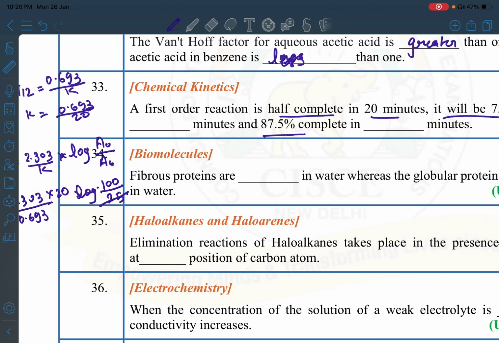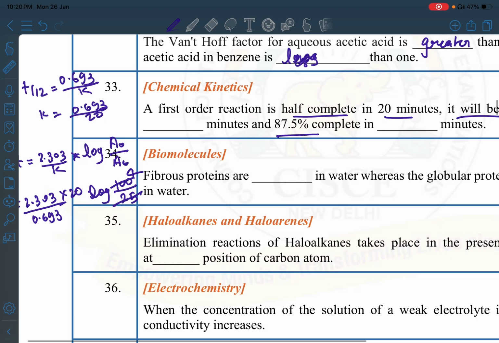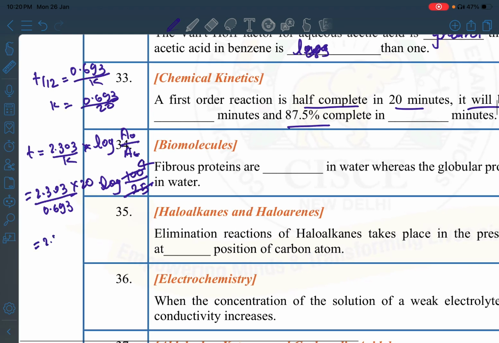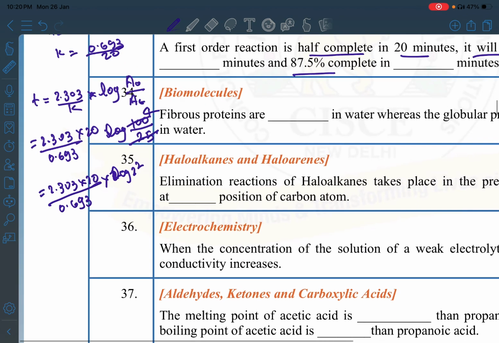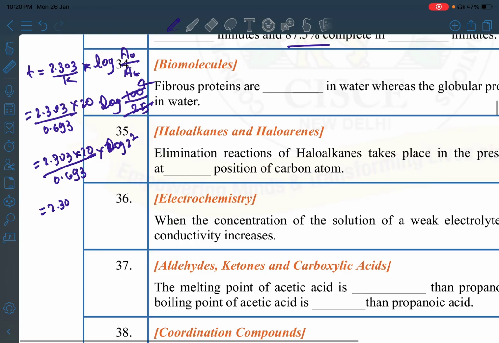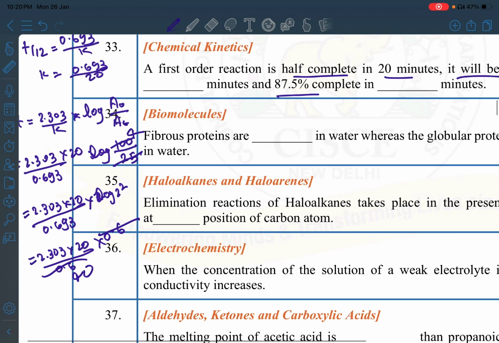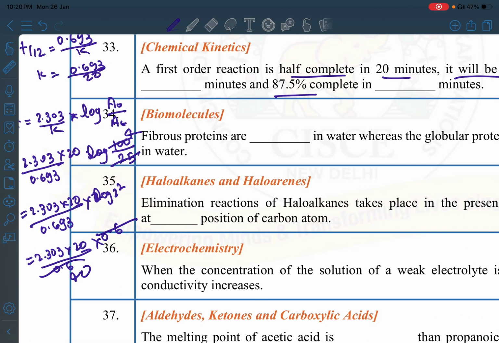So 100 by 25 is 4, which is log 2 to the power 2, so 0.3 multiplied by 2 becomes 0.6. So it will be 2.303 into 20 upon 0.6, which is approximately 40. So 75% of the reaction is completed in approximately 40 minutes.